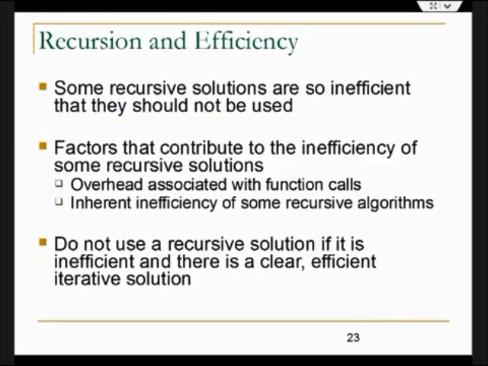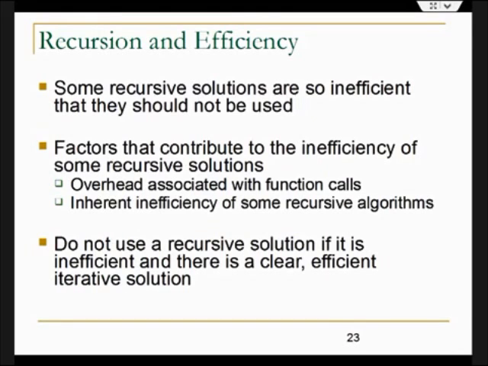So if your picture is like 2 GB, or actually not even 2 GB, even if it's a 500 meg picture, that means 500,000 function calls. Okay, so that would make it really inefficient. The overhead associated with these function calls will often make it inefficient, and some recursive algorithms have inherent inefficiency because they are recalculating things.